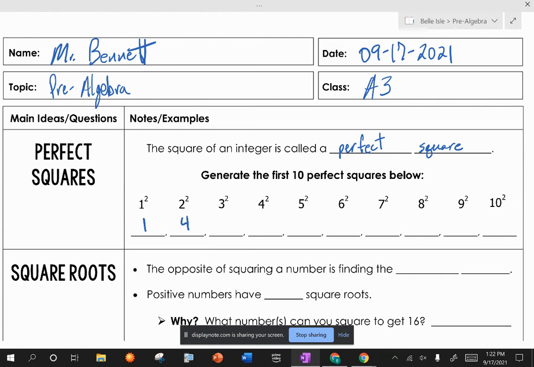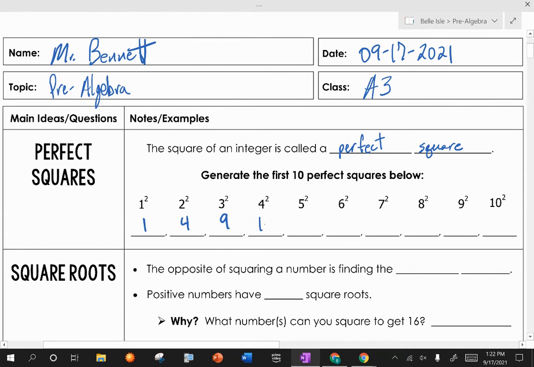Yeah, you do it by itself. So 3 times 3. No, it's not times 2 this time. You do the number times itself. Okay, so 3 squared is what? 9.